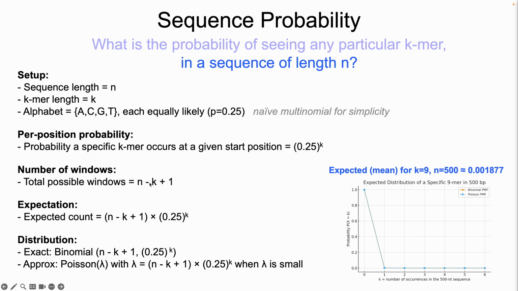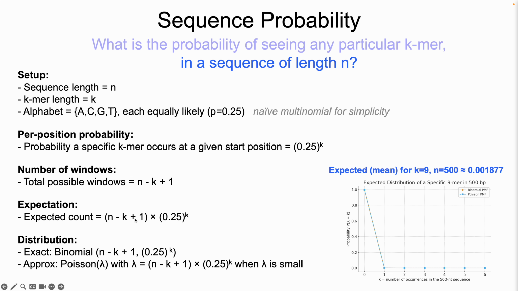How many possible windows are there? That is, if you slid along our 500 base pairs, you can only do that in chunks of 9 so many times, right? So you've got to adjust the number of windows based on your pattern length. And then what's the expected number of times?